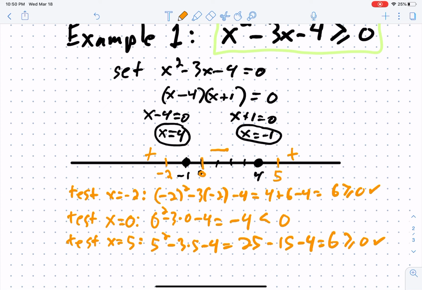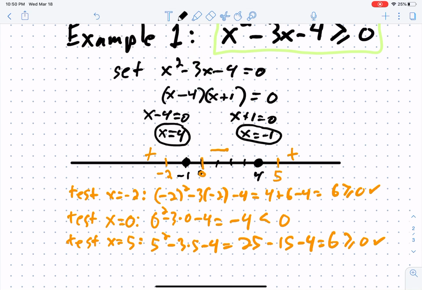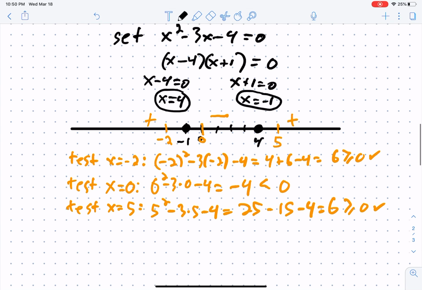Okay, so what have we got? Well, we can just put these together into our final answer. Looking at this, what we call a sign chart, it's like a number line that tells you where the function is positive, where it's negative, and also where it's 0. And we want to collect all the places where it is greater than or equal to 0.